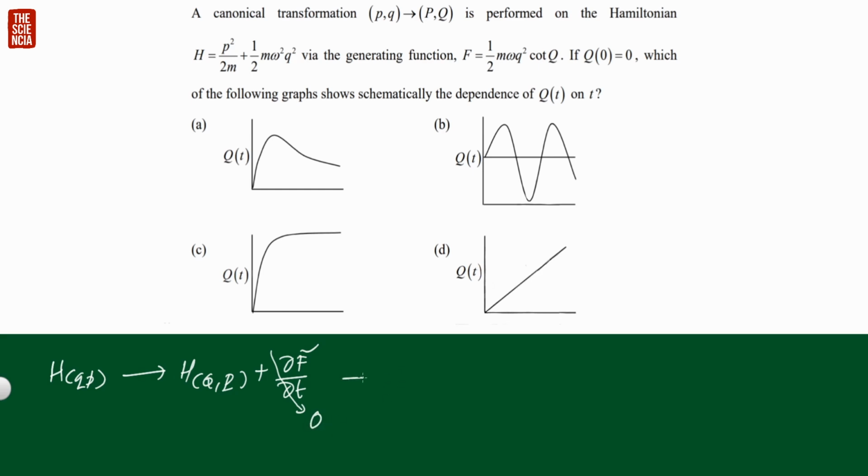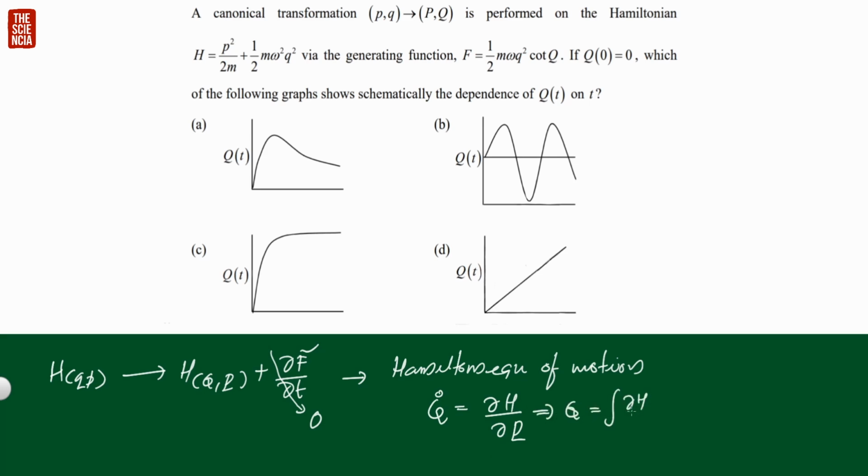Now what we have to find out? We have to find out Hamilton's equations of motion. So what is the Hamilton's equation of motion in the new coordinate system? That will be Q dot is equal to dou H by dou P. So from this equation you can find out Q by integrating this term, that is dou H by dou P, and you get a constant of integration also.